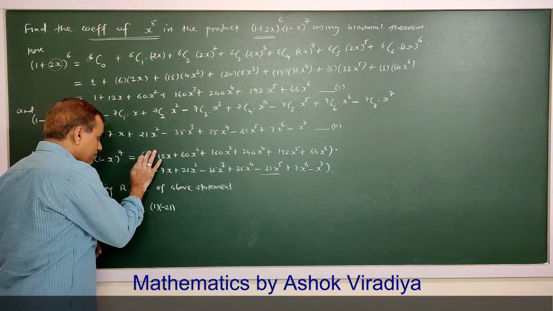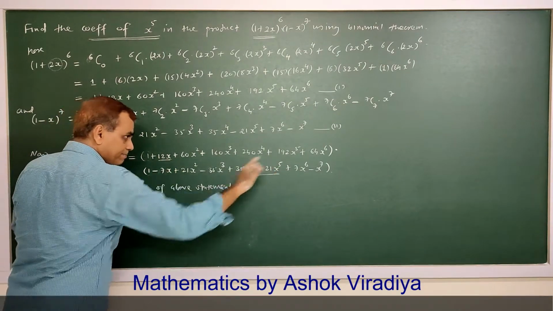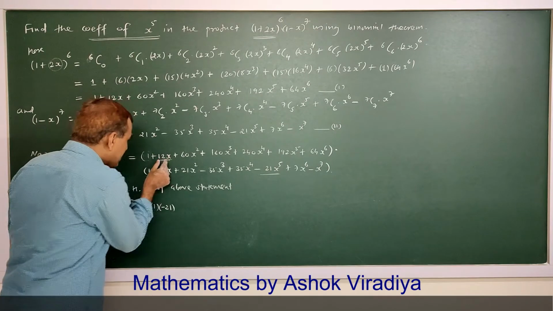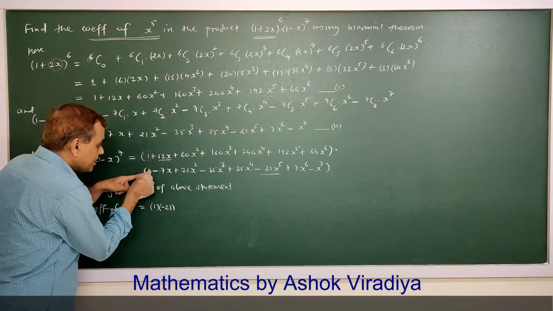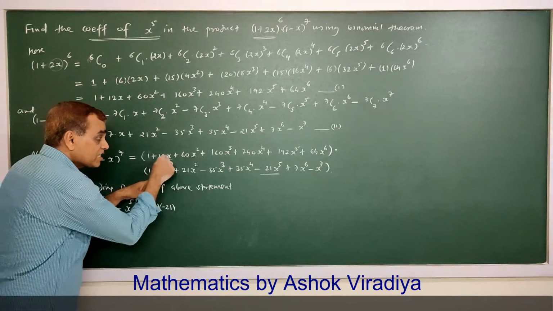Now we multiply 12x with the second bracket. 12x into 1, 12x into minus 7x gives minus 84x square.